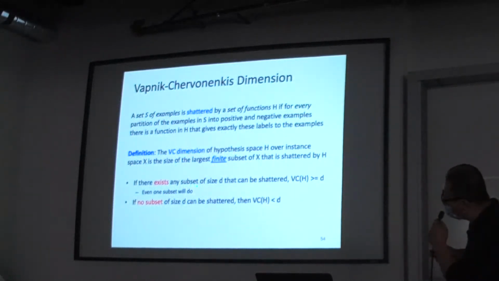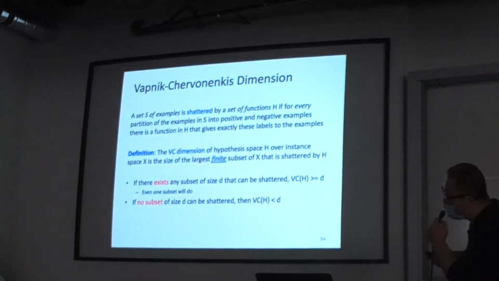You don't need to show that every subset of size D must be shattered by H. As long as you can find one particular set of size D that can be shattered, you can claim that the VC dimension of H is no less than D, is at least D. So for example, if you want to show that the VC dimension of your classifiers is at least 3, you just need to find an arbitrary set of 3 points.